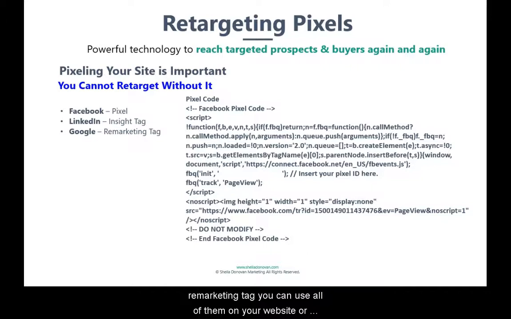You can use all of them on your website or just one of them. You can pick your favorite platform where you find you'll get most traffic from. So maybe if you get a lot of people from LinkedIn, you might want to consider having the LinkedIn insight tag. So that concludes this brief training about remarketing and how you can use it for your business.